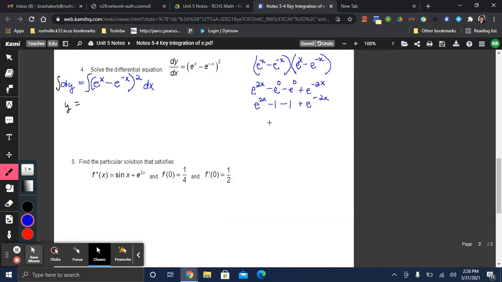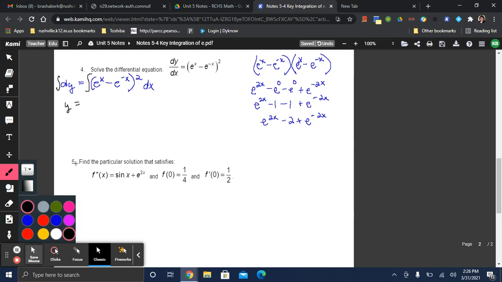And so our final answer for this part is e to the 2x minus 2 plus e to the negative 2x. And that is what we're going to integrate.